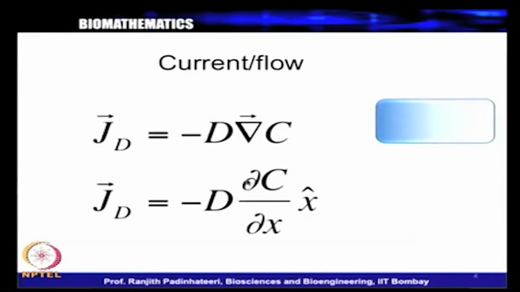Since del C by del x is negative, with this negative sign the whole thing is positive. That means the direction of J will be along the direction of x cap.